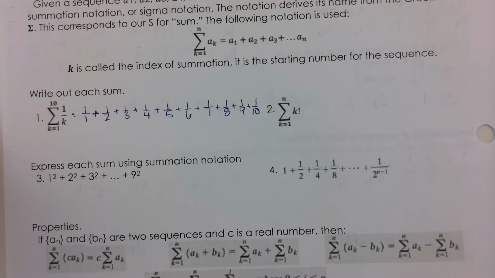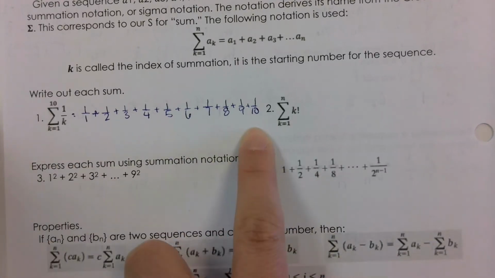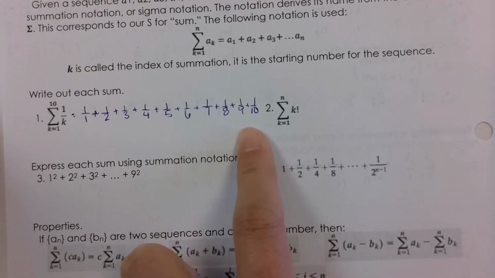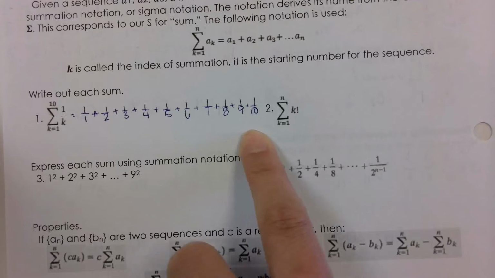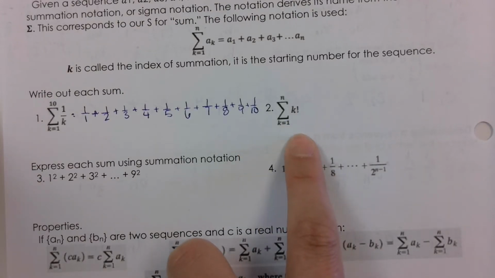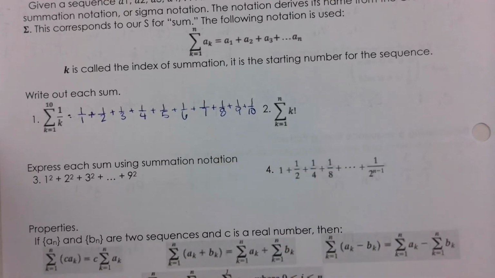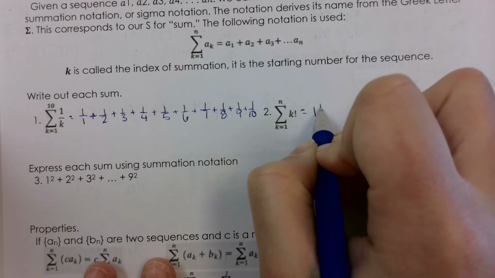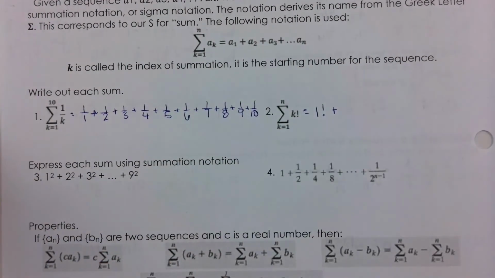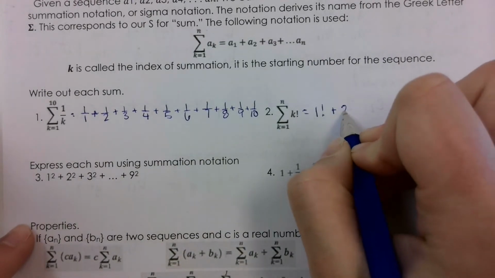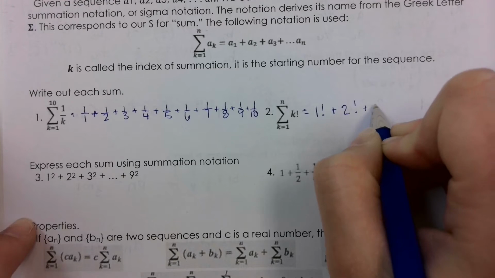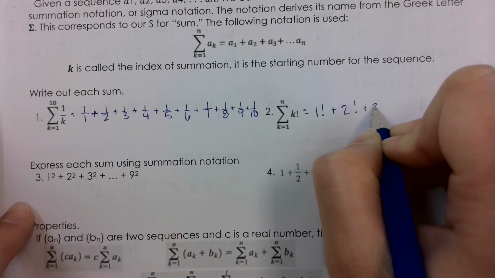Okay, so are we good with writing all that out with real numbers? Yeah? So now we're going to do it from 1 to n. So your rule is factorial. So the first one's going to be 1 factorial plus, what will come next? 2 factorial. And then what will we have? 3 factorial.